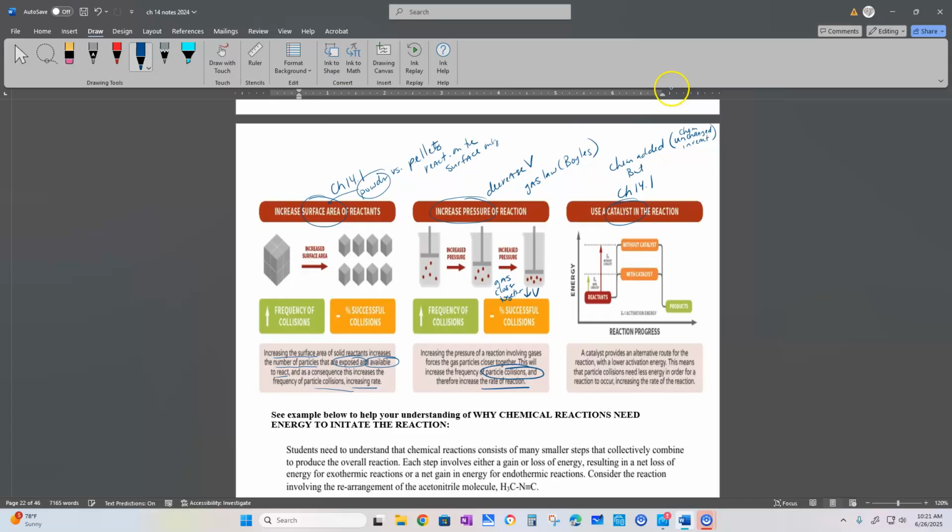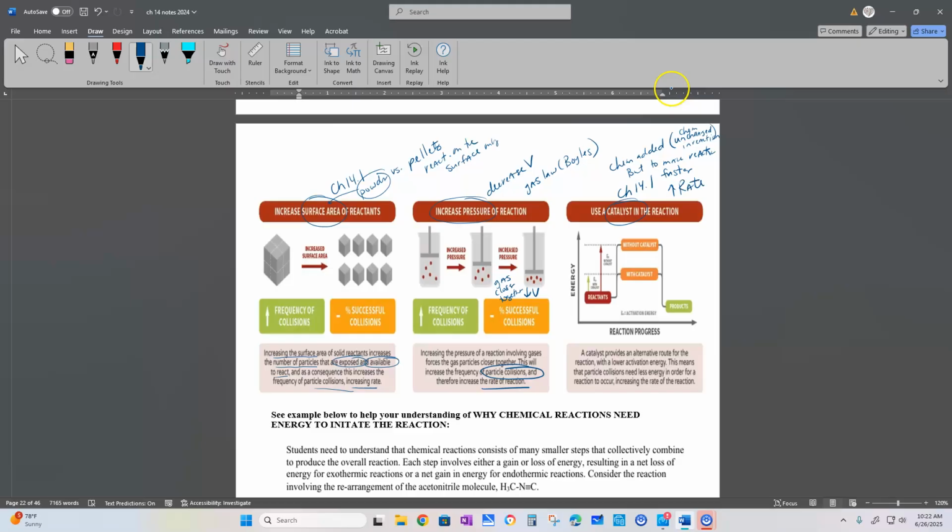It's added to make the reaction faster. It takes no part in the actual reaction, as in changing the chemicals. That's what I mean by the chemical being unchanged in the reaction. It's only added to make it faster, and that increases the rate.